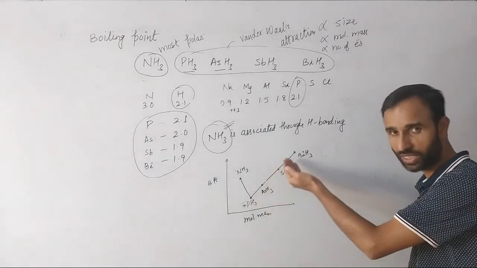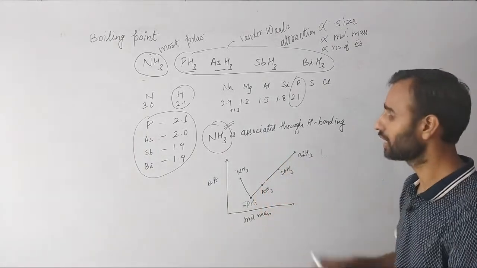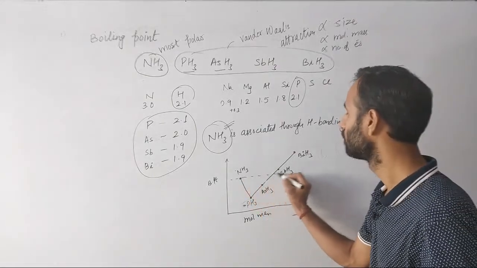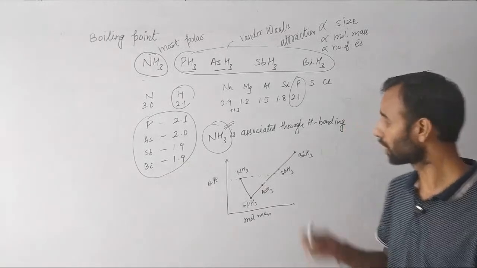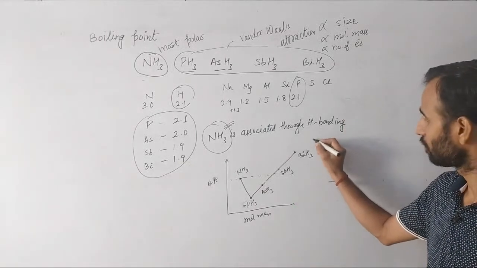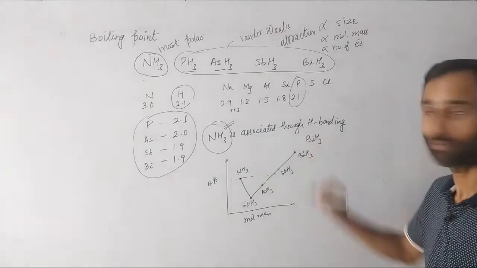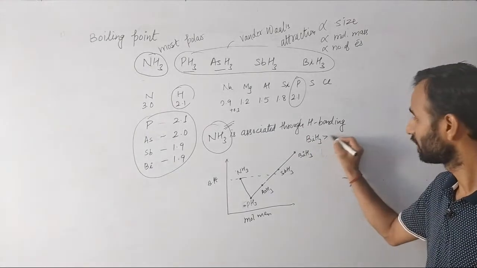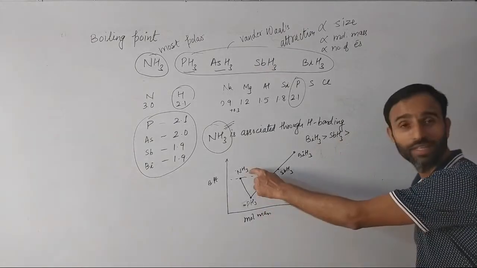Then it goes on increasing, and after AsH3, SbH3 has a higher boiling point than that of NH3. So the order should be like, first we write the boiling point of BiH3 is maximum, then SbH3, then it is NH3.